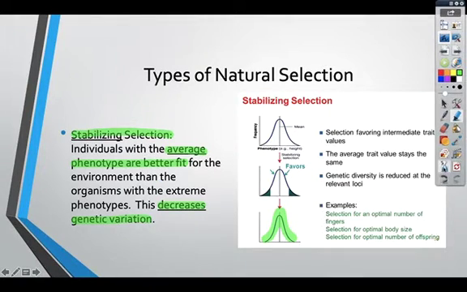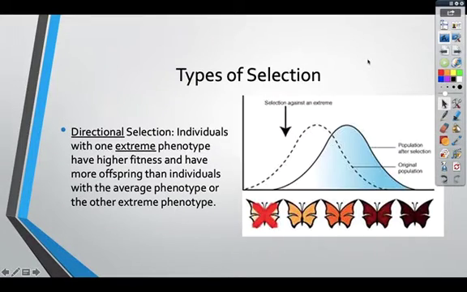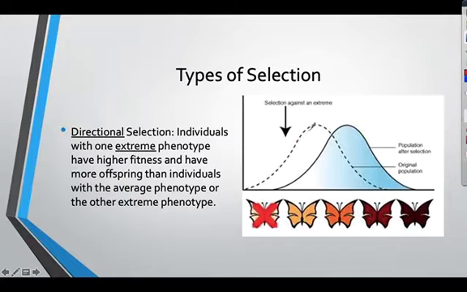Okay, now the next type of selection is directional selection, and just like the name suggests, it basically moves in one direction. Okay, and you can see that here on the graph. The dotted line is showing the original population, and then after selection you see that it's moving towards one end of the graph.